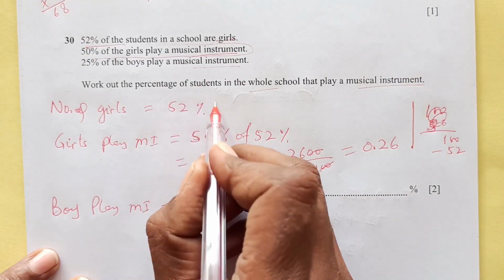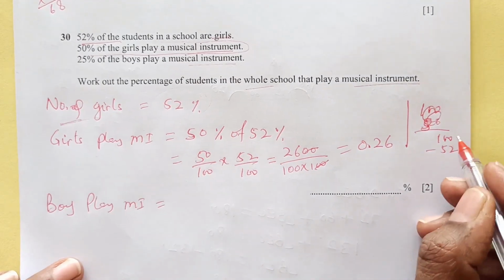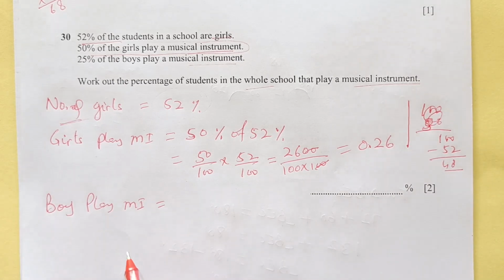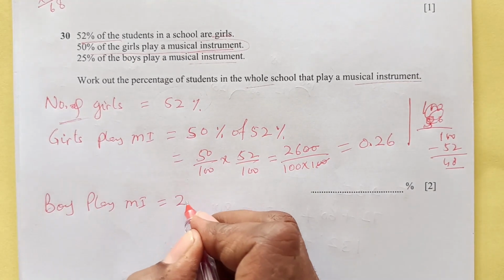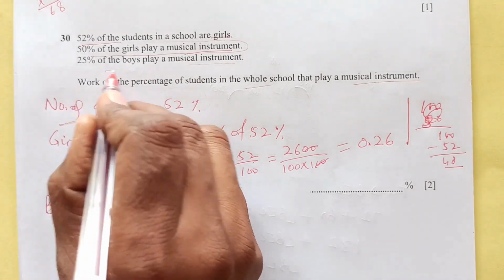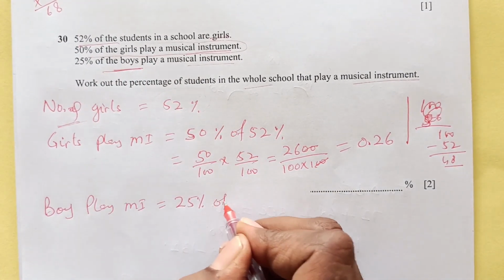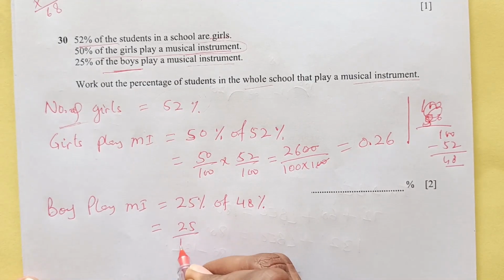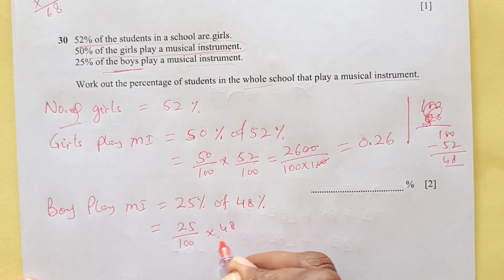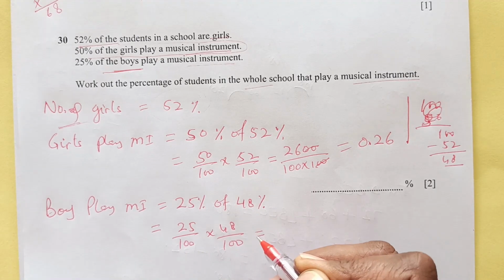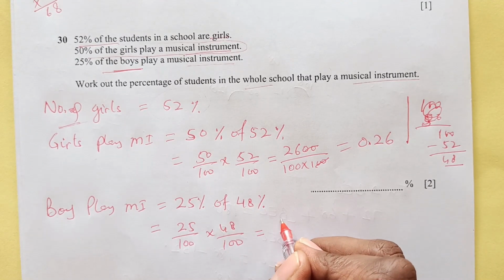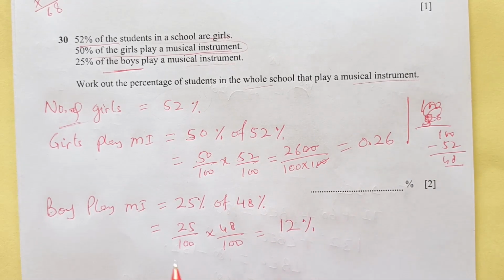So 52% are girls, so the number of boys will be 100 minus 52, which is 48. So boys playing music is 25% of the boys. Of the boys means of 48%, right? So this is 25 over 100 times 48 over 100. So when you calculate this one, this comes out to be 12, right, 12%. You can just use a calculator here.